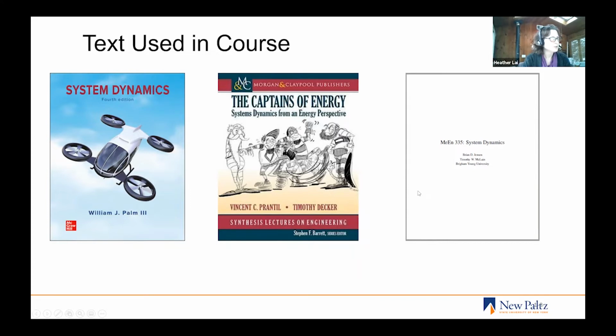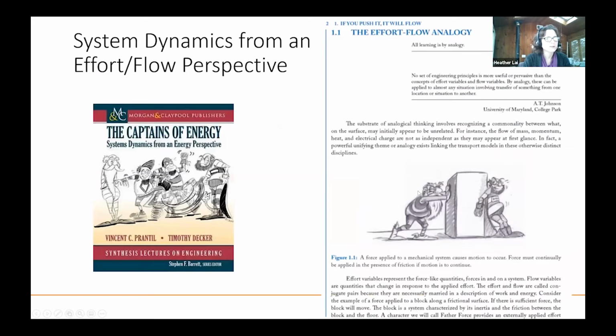And so the basic concept that the Captains of Energy start with is that essentially all systems deal with how energy flows through a system, right? So they have this effort-flow analogy. And so the harder it is for energy to flow through it, the more effort that's going to need to be put in, and it's going to change the flow rate.